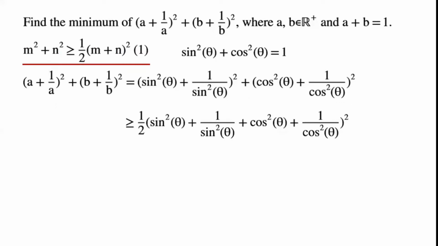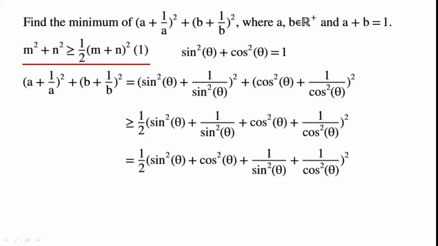By applying inequality 1, we can now write it is greater than or equal to 1/2 times (sine squared theta plus 1 over sine squared theta plus cosine squared theta plus 1 over cosine squared theta) all squared, which is equal to 1/2 times (sine squared theta plus cosine squared theta plus 1 over sine squared theta plus 1 over cosine squared theta) all squared.